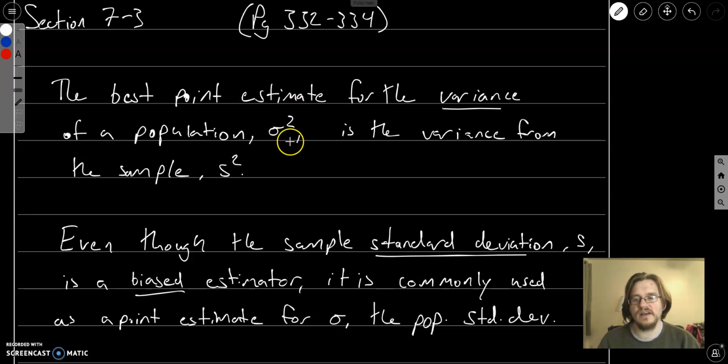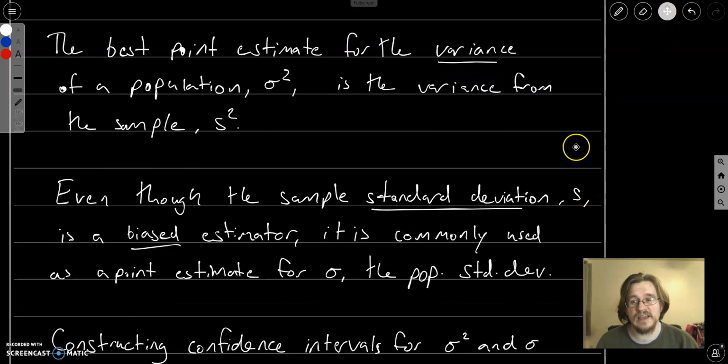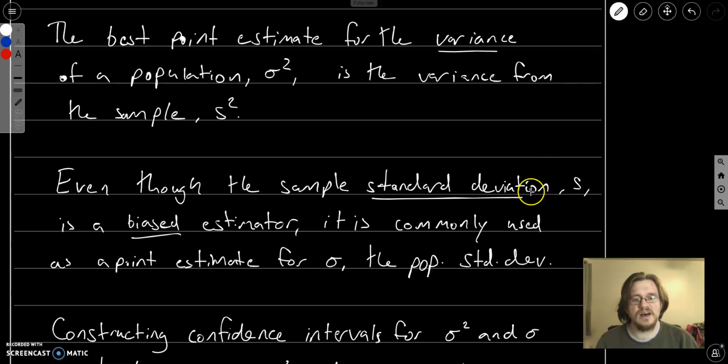This is because the sample variance is an unbiased estimator for the population variance. The standard deviation, on the other hand, is not so nice. The sample standard deviation is a biased estimator. However, it's often close enough that it's used as a point estimate for the population standard deviation.